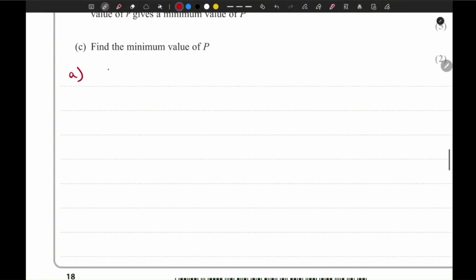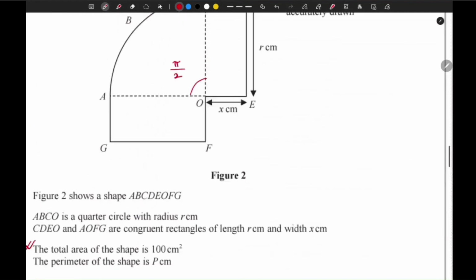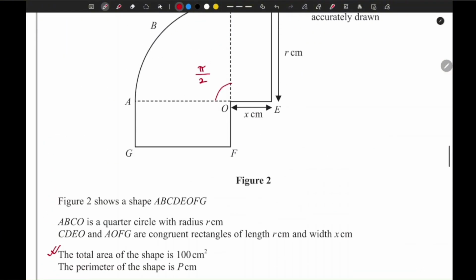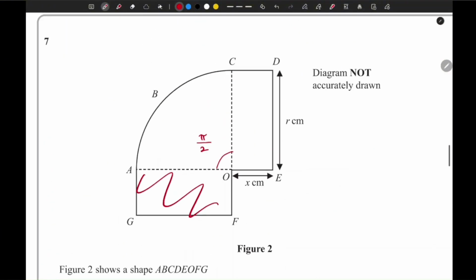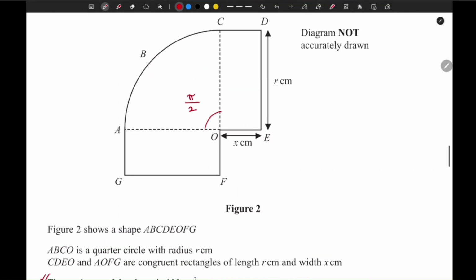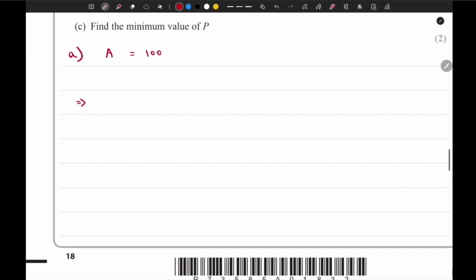So we know that the area is 100. And the thing is that these two rectangles are congruent, which means that they are identical rectangles. So the area of one rectangle will be x times r. Since there are two rectangles, we need to multiply this with 2.